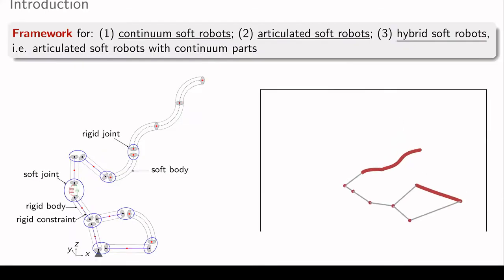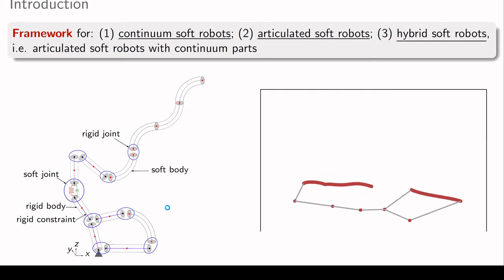So this framework can accommodate the modeling of what are defined as continuum soft robots, articulated soft robots, or also hybrid soft robots, namely articulated soft robots with continuum parts which are articulated in serial and parallel kinematic chains.